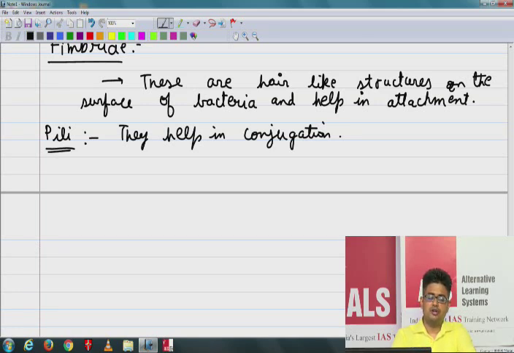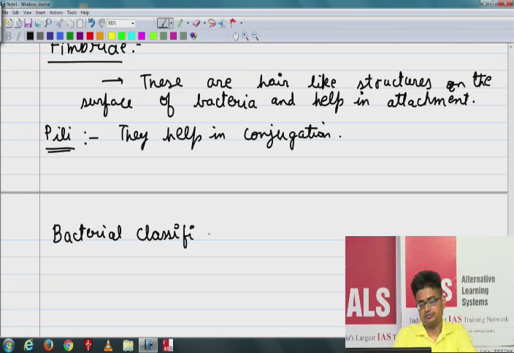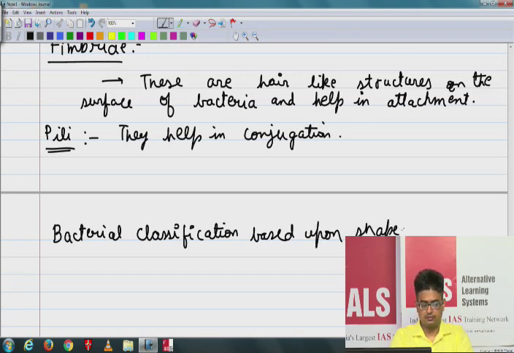Now we can come to bacterial classification on the basis of shape and size.